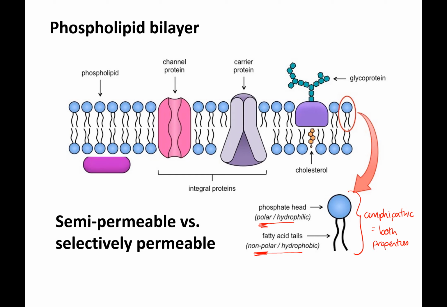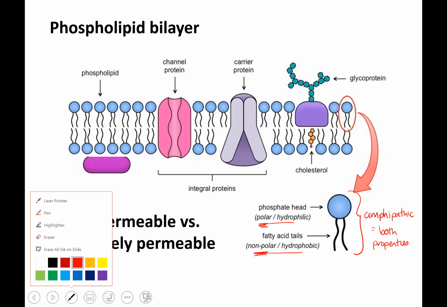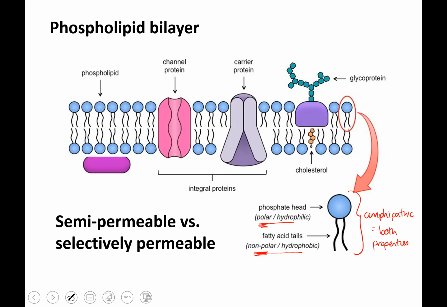All right, let's talk about these very important words. Semi-permeable versus selectively permeable. Semi-permeable. Semi means some things can cross. Let's not say things, let's be a little more specific.